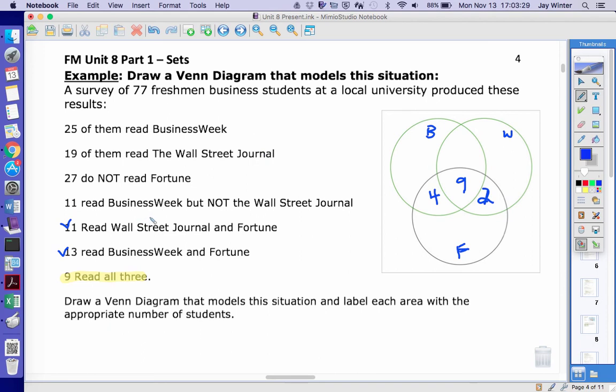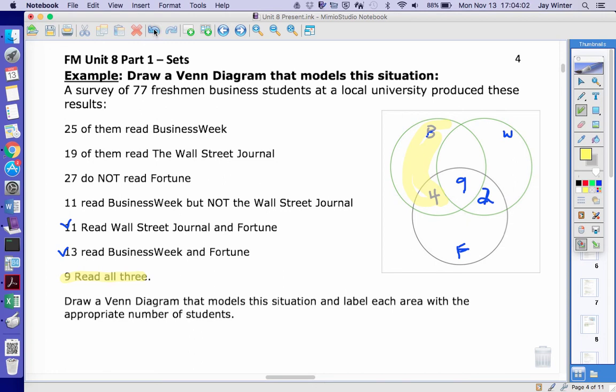All right, so I'm going to keep going here, and it says 11 read Business Week, but not the Wall Street Journal. So if I'm highlighting an area where I'm going to have students that read Business Week, but not the Wall Street Journal, it would have to be somewhere in here, because this is the part of Business Week that doesn't have anything to do with the Wall Street Journal.